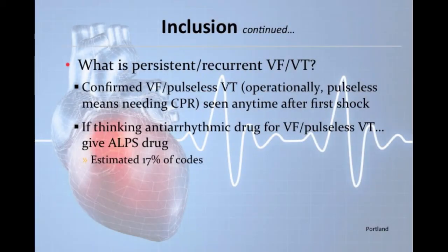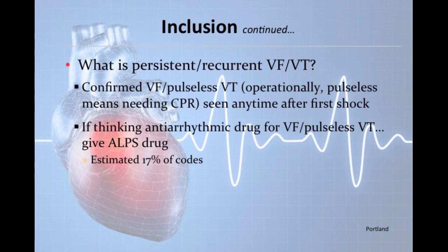What is persistent or recurrent VFib or VTAC? It's a confirmed VF or pulseless VTAC needing CPR. It can happen anytime after this first shock, and what that means is if you shock a VFib and then the patient goes into a sinus rhythm and then again back into VTAC or VFib, that's recurrent.